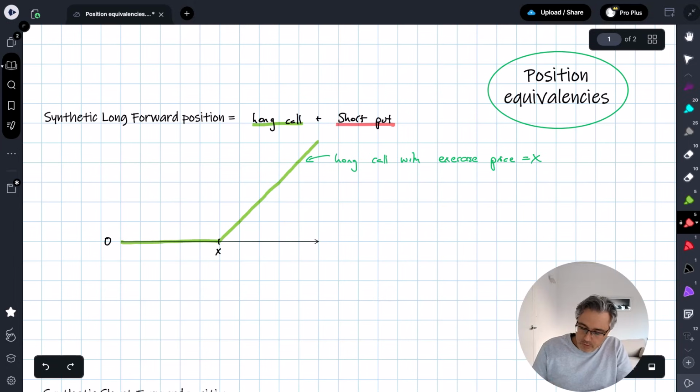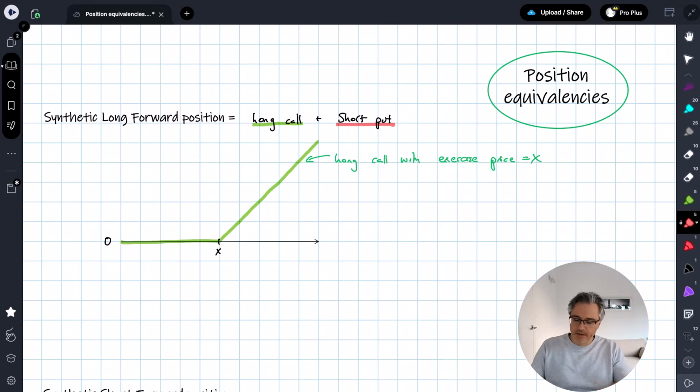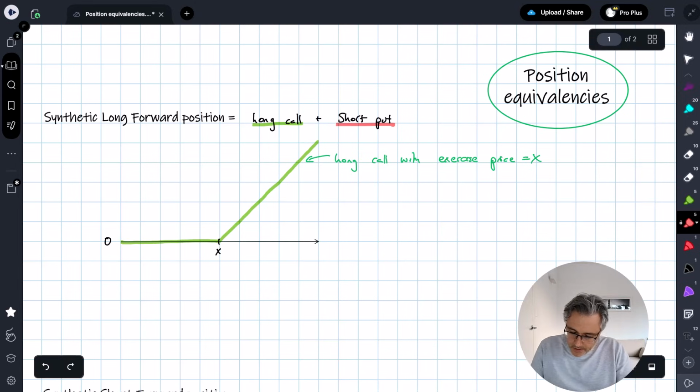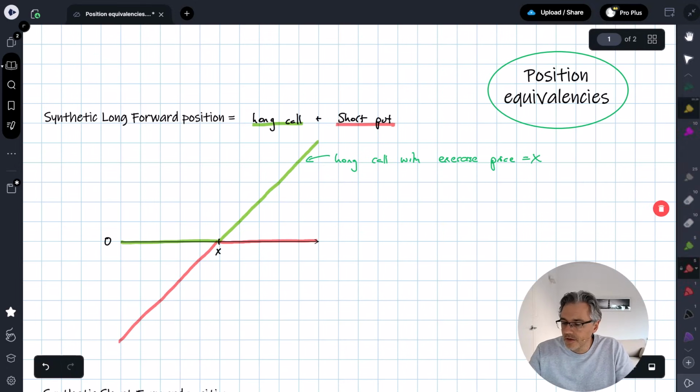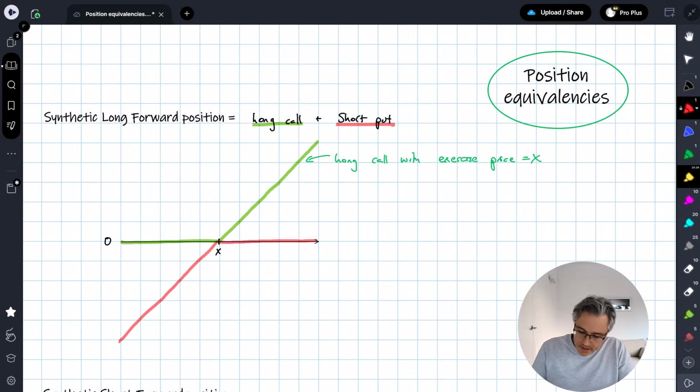I need to draw a short put. So I invert that, or reflect it in the horizontal axis, and effectively I get something that looks as follows. Obviously, once again, assuming that the put option has the same exercise price or strike price as the call, namely X. So that's my short put with the same exercise price equal to X.